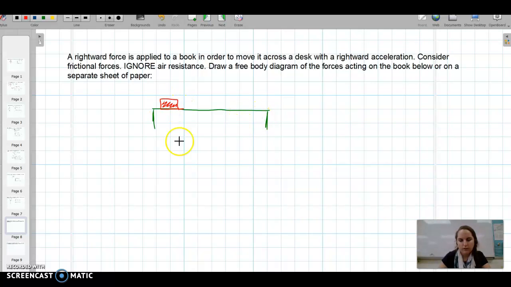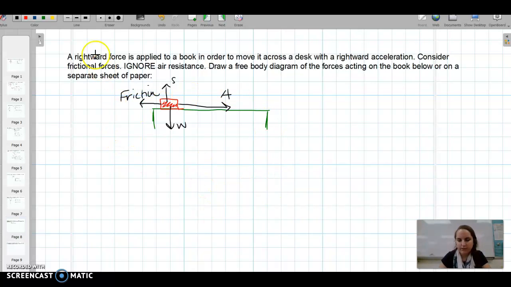Your goal is to get it somewhere over there, and you need to apply a force to it in order to do so. So we know that there are two other forces acting on it, right? Support force and the weight. This is the applied force. And we are to consider frictional forces. So we know that the force of friction is going to go in that direction.